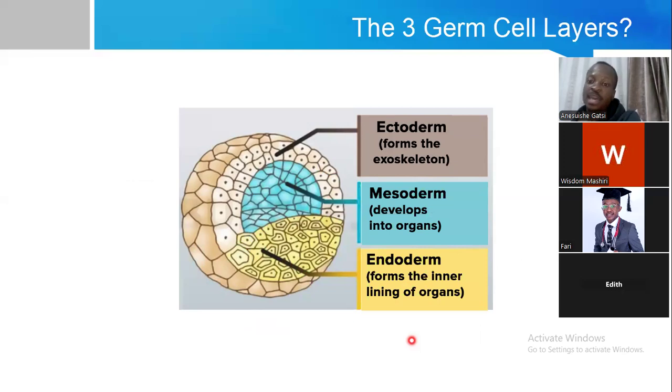Which are ectoderm, mesoderm, and endoderm. Ectoderm is the one on the outside. Endoderm is the one on the inside. Mesoderm is the one in the middle. The prefix mesos means amongst or in between. So mesoderm is the one that is in between, right?